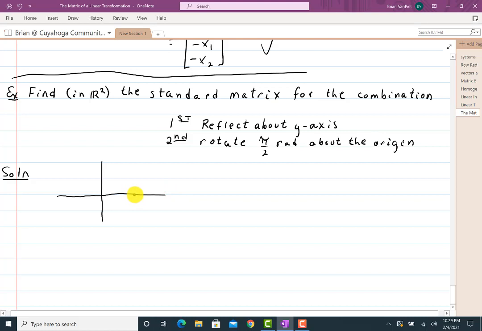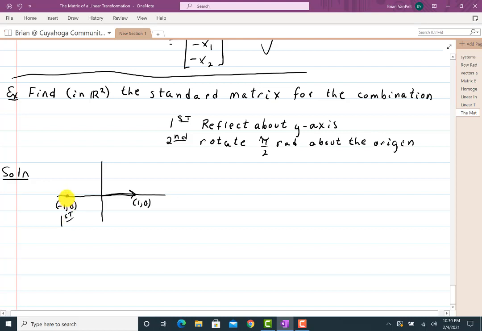So we'll start with 1, 0 and see what happens to it. First, we reflect about the y-axis. So we are going to end up here. That was after the reflection. Then we rotated pi over 2.